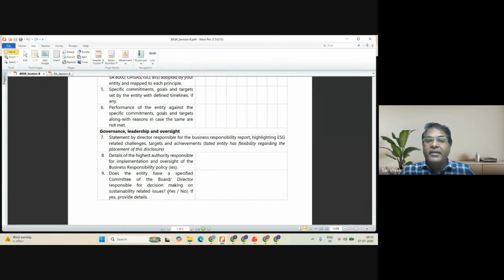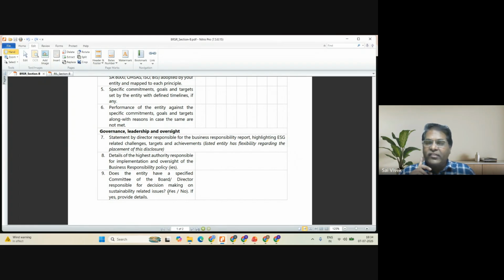The business responsibility report should be given by the director. And in that, what should be there? It should highlight ESG related challenges. And also it should have the targets. And it should have achievements, whether the director or the entity has achieved any of them already. These are the things to be disclosed.